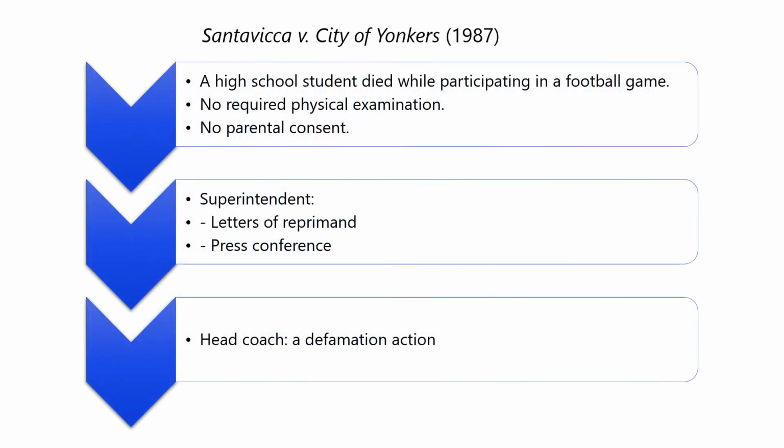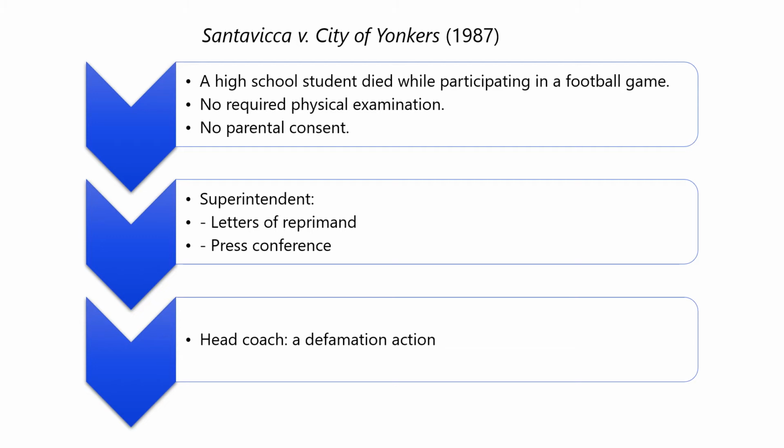A high school student died while participating in a football game. At the student's death, the required physical examination had not been performed, nor had parental consent been obtained prior to the student's participation. After an investigation of the incident, the superintendent issued several letters of reprimand.